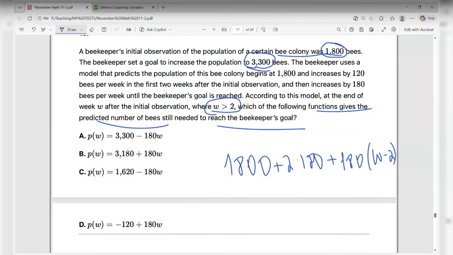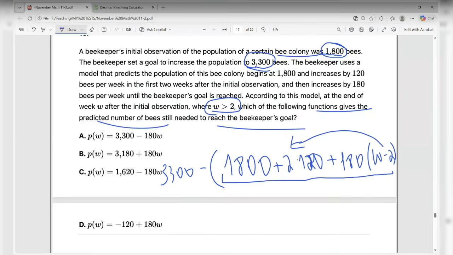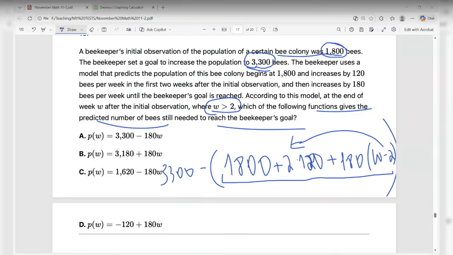Here W is the number of weeks, and there are already 2 weeks passed, so since in the first 2 weeks it increased by 120, I'm subtracting 2 weeks. This is the equation to find the number of bees, but you have to find how many bees you needed. So your goal is 3000, and you have to subtract this one fully so that you can get the final answer. This is the way.